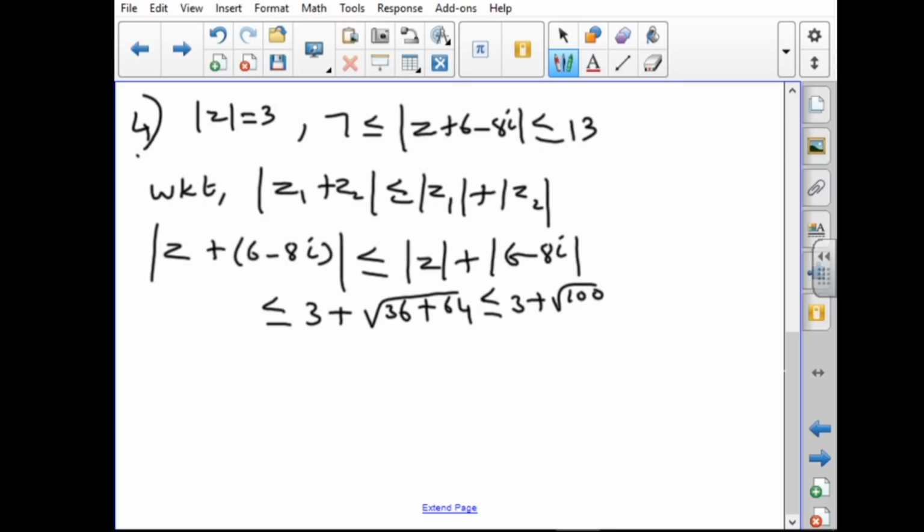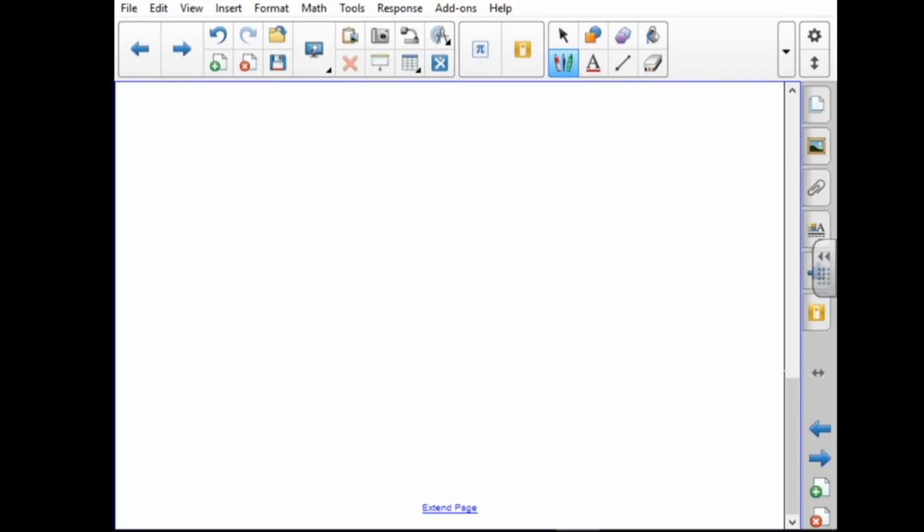Square root of 100 is 10. Therefore, we get less than or equal to 3 plus 10, which is 13. So we get modulus of Z plus 6 minus 8i is less than or equal to 13. Now this we take as number 1.